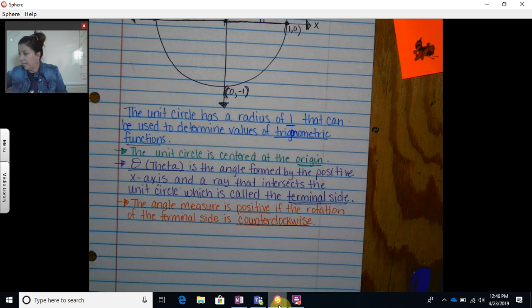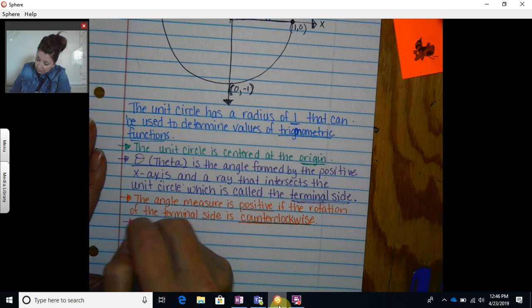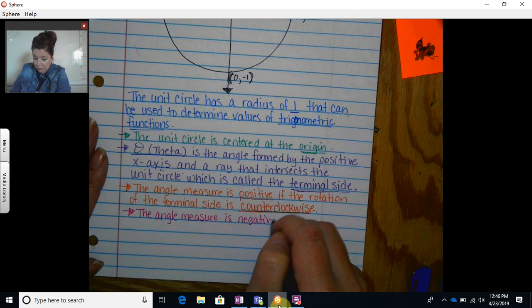So we need to write the clockwise part down. The angle measure is negative if the rotation of the terminal side is clockwise.